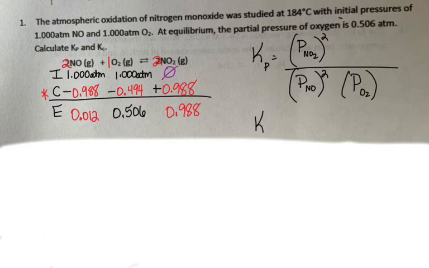The exponents, again, are the coefficients. So then I'm going to plug in my equilibrium numbers. And since equilibrium constants are unitless, all I have to worry about here is that I'm plugging in atmospheres. I don't have to actually put the atmospheres in the equation.